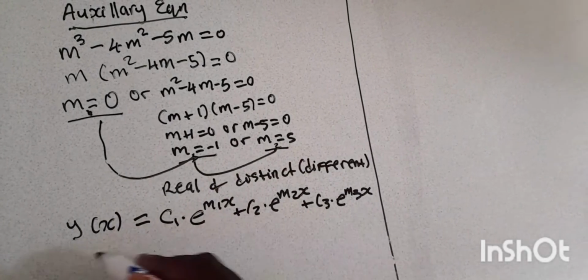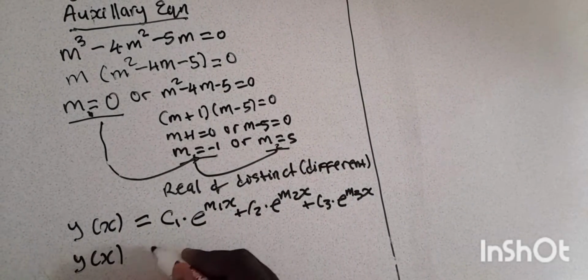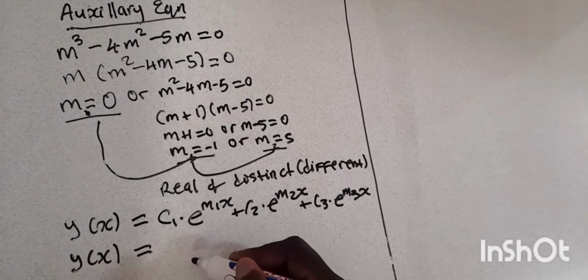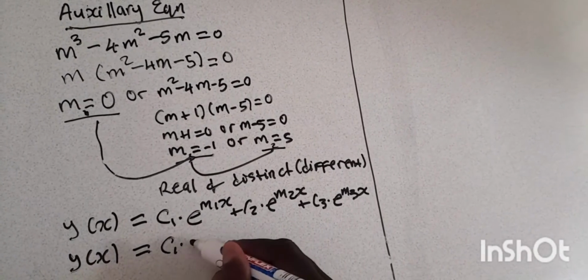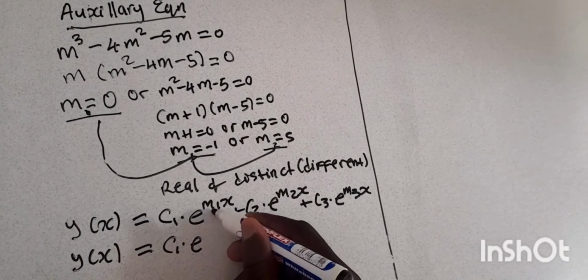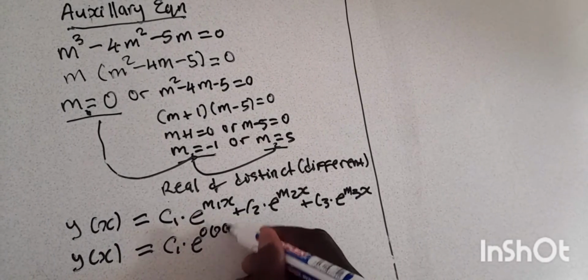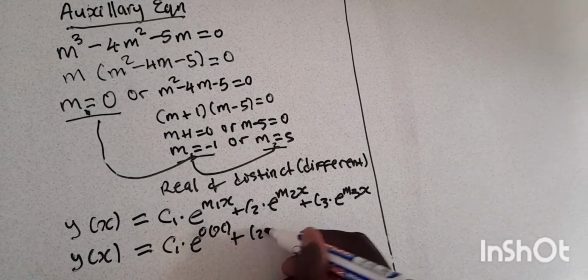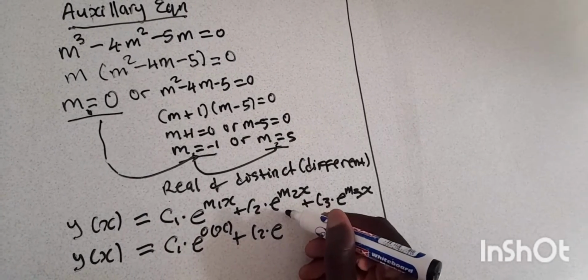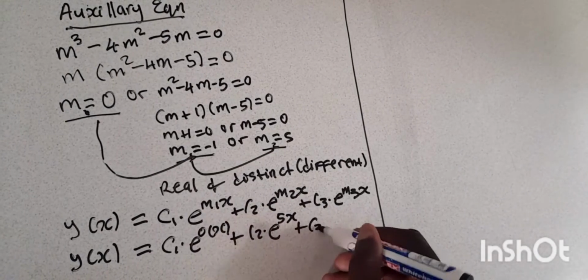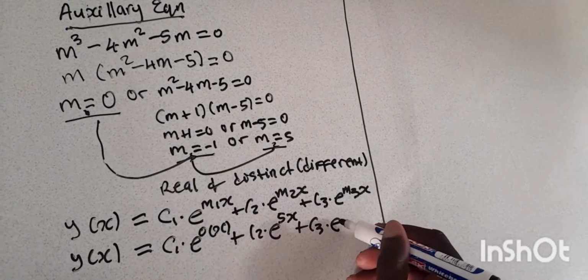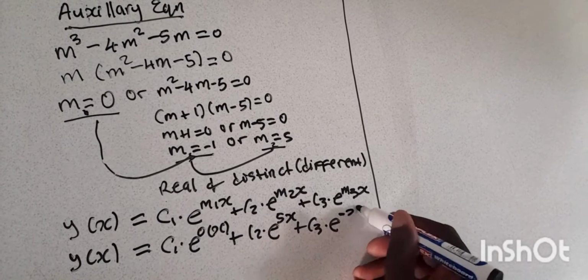So we'll substitute them into our general solution form. This is c1 times e to the power of 0 times x, plus c2 times e to the power of 5x, plus c3 times e to the power of minus x.